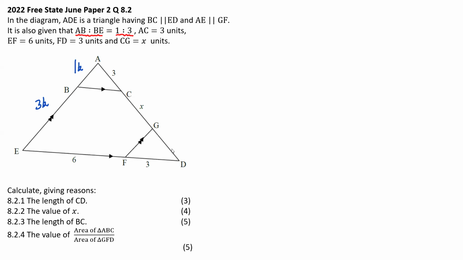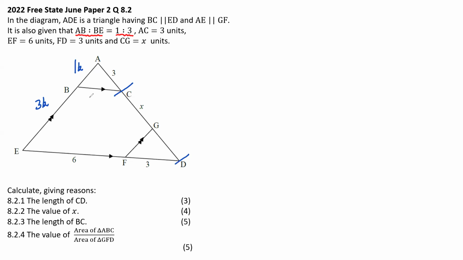All right. 8.21 is 3 marks. Let's start. Calculate, giving reasons, the length of CD. Where's CD? Oh, there. So I need the length of CD. So let's use what we know.